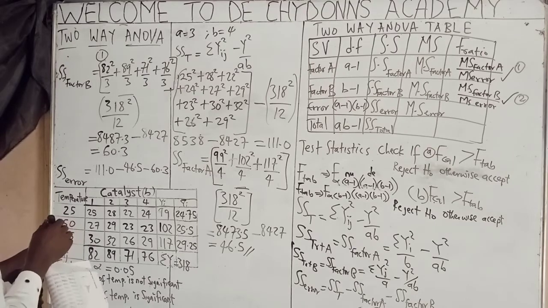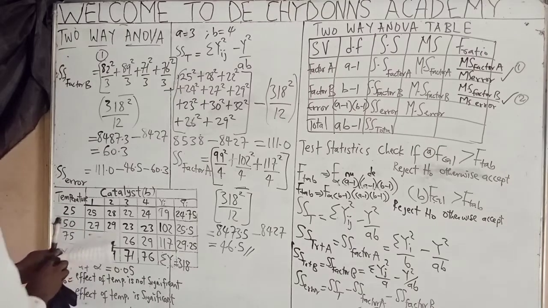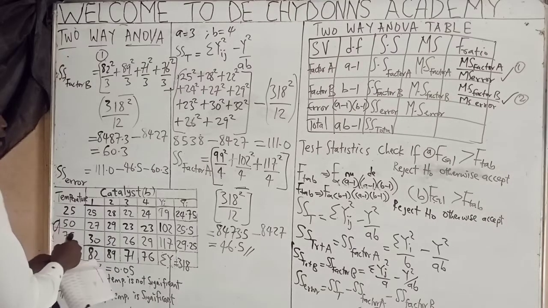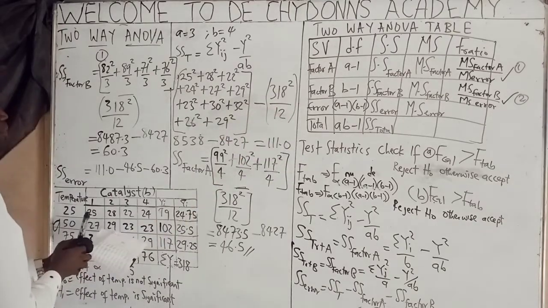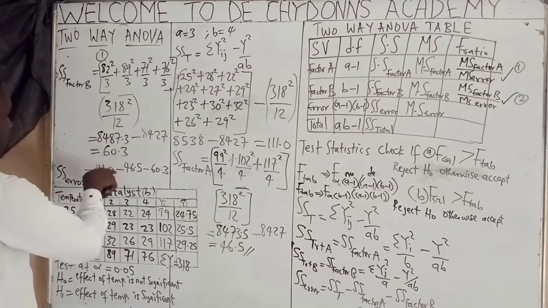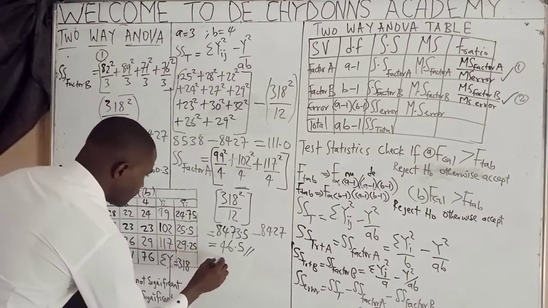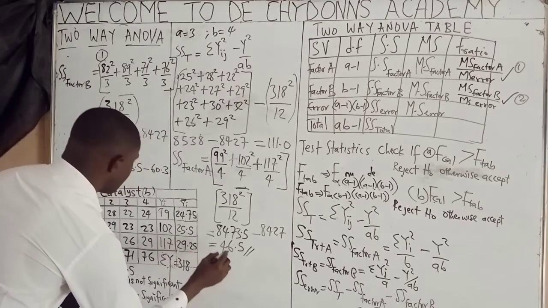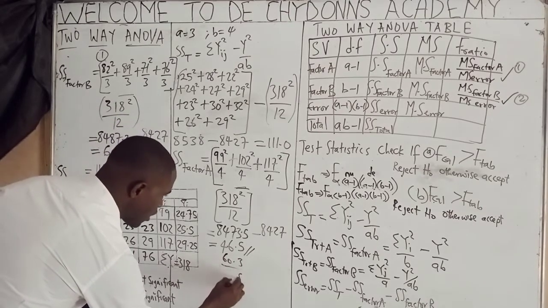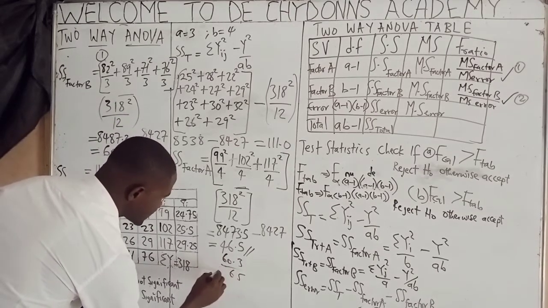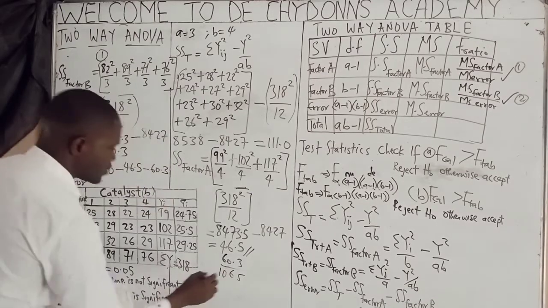Then we now say, let us put this in our table. Let's simplify this first. 46.5 plus 60.3 will be giving us 106.8.